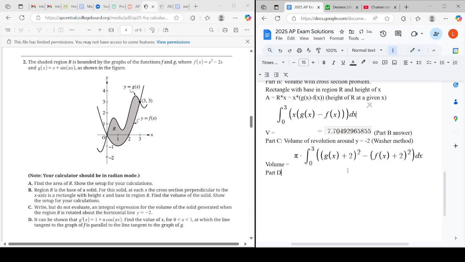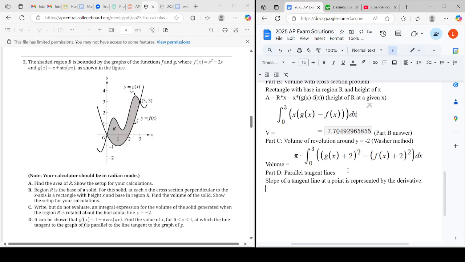So finally, part D, we're moving away from areas and volumes, and we're dealing with parallel tangent lines. The slope of a tangent line at a point is represented by the derivative.